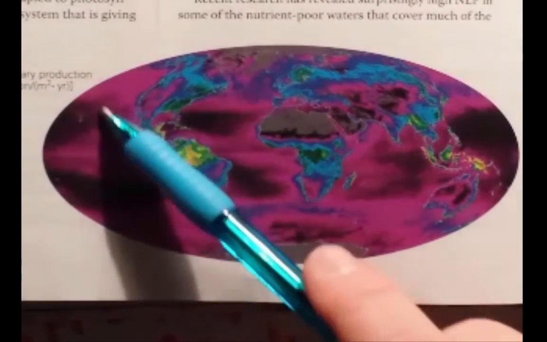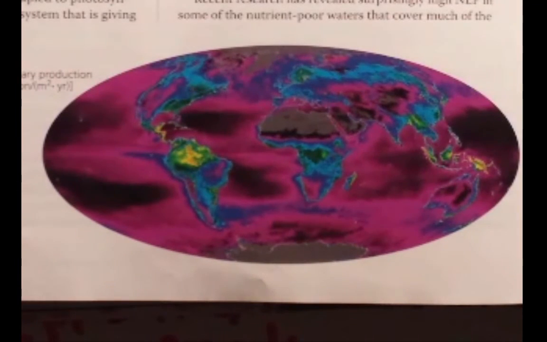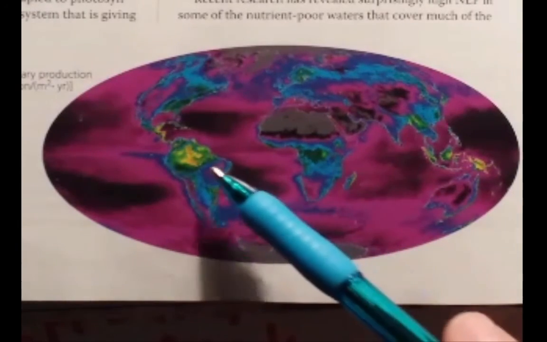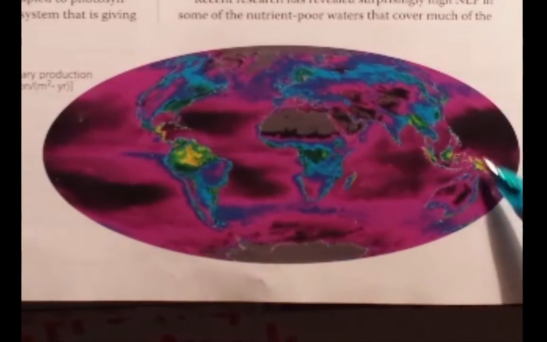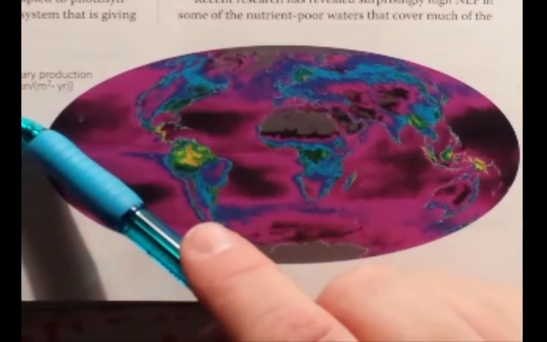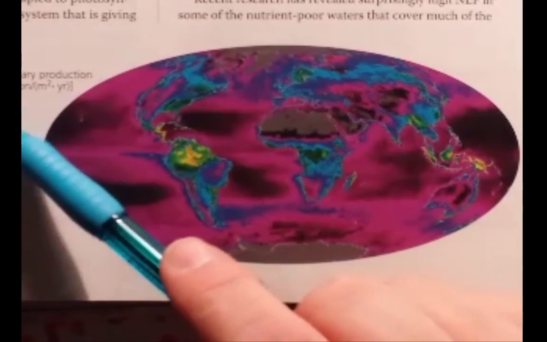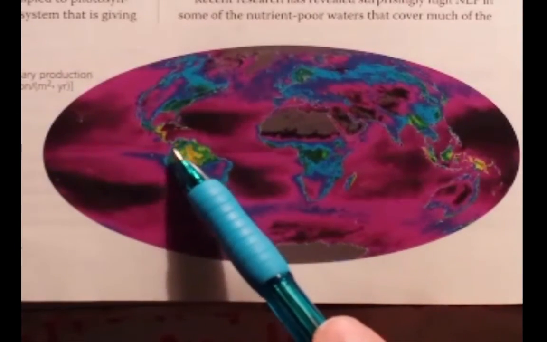Purple is the lowest, so our oceans have the lowest net primary production. However, you look at areas like the Amazon here, some of these regions, tropical regions, we see highest levels of net primary production in the yellow, orange, and red areas shown here.